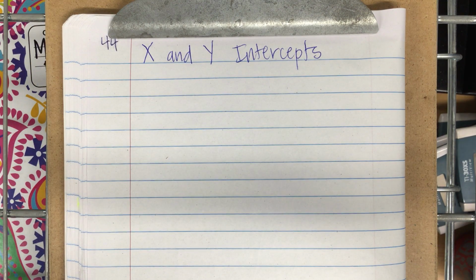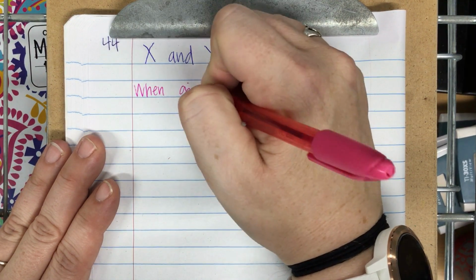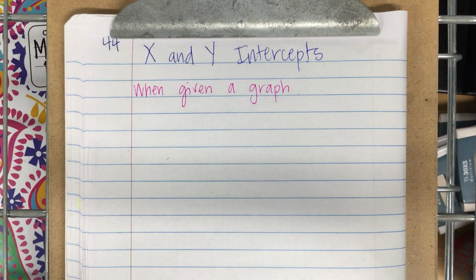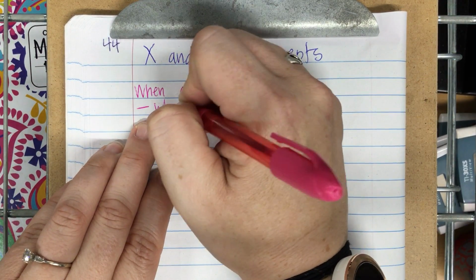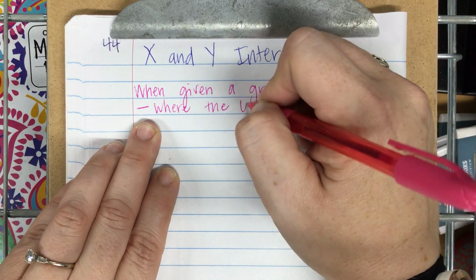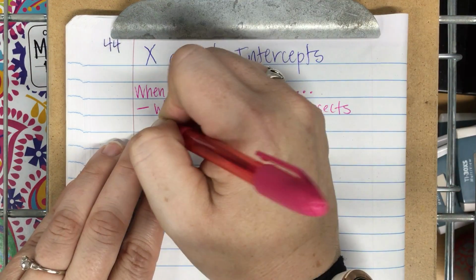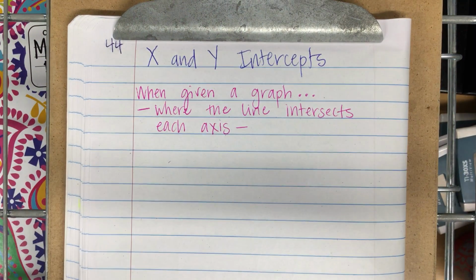So when given a graph, it's pretty easy to identify and locate the x and y intercepts because it's where the line intersects each axis.